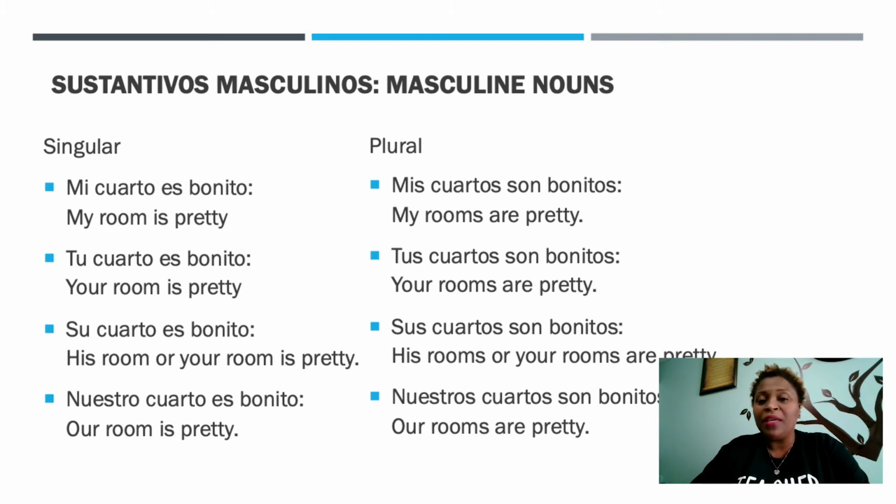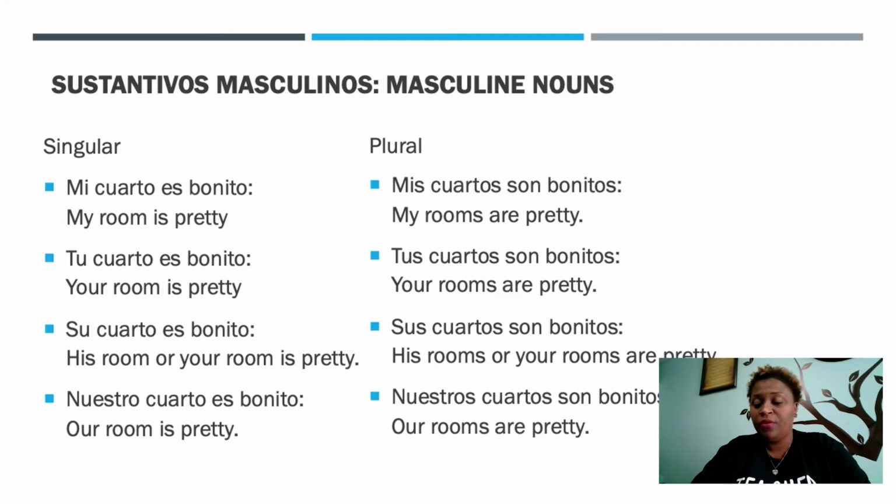If you're an adult speaking to an elderly person, you would say su cuarto. If you're speaking to a child, you would say tu cuarto. But su cuarto also means his room. So your room for an elderly person to show respect, or simply his room, it would be su.